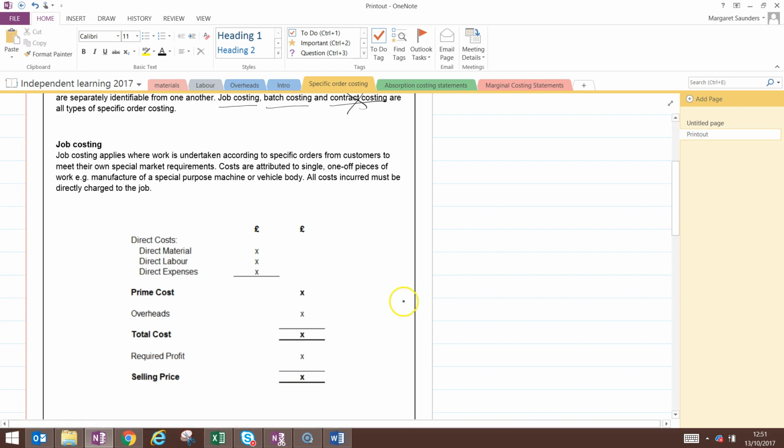Then we look at adding the overheads, which must be through using overhead absorption rates. That gives us the total cost. Then we'll add the profit that the organisation requires, and that gives us the selling price. So it's pulling together all of this information and putting it into a more formal layout.